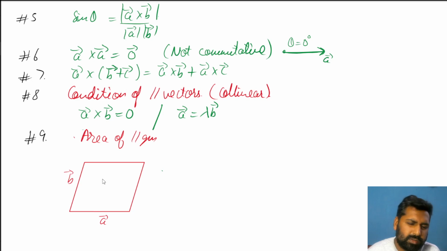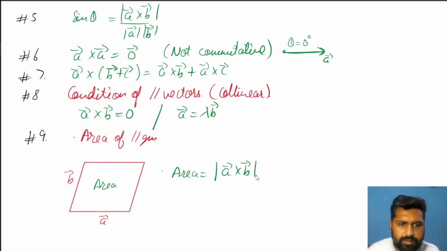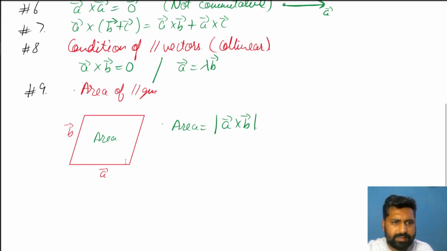Remember, I taught you addition of vectors. It was like this. The diagonal of this parallelogram will be your resultant A plus B. So suppose you want to calculate the area of that parallelogram. In that scenario, area is given by magnitude of A cross B. So the cross product gives you the area of the parallelogram that is created like this in terms of vectors.